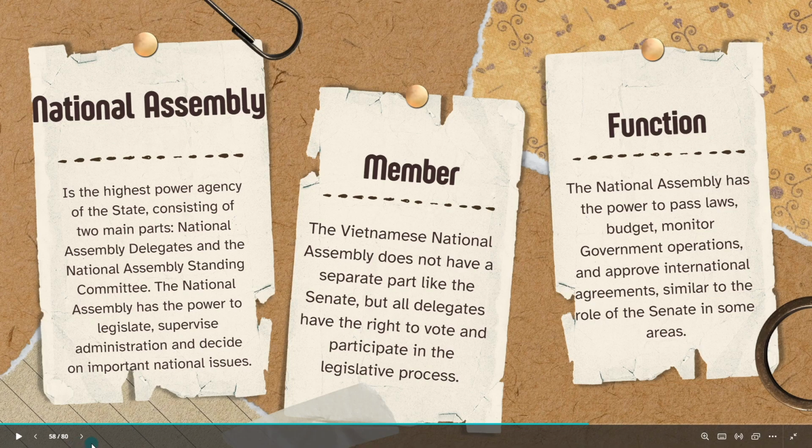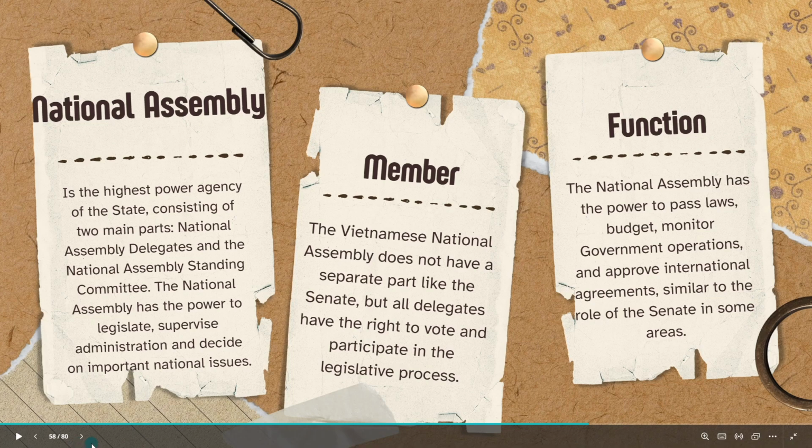About membership, the Vietnamese National Assembly doesn't have a separate part like the House of Lords, but all the delegates have the right to vote and participate in the legislative process. And three, function.